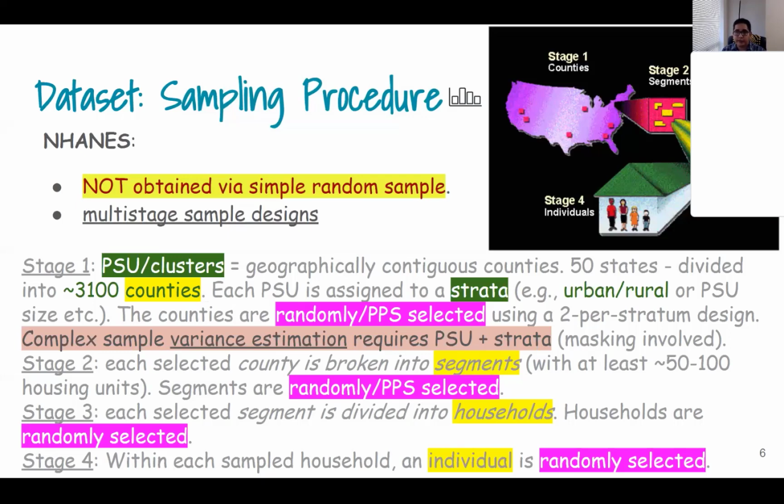As you can imagine, in stage one we are already doing a multi-stage sampling design, a complex sampling design using the idea of clustering and stratification. In stages 2, 3, and 4, we are simply going consecutively down the list to sample at a more granular level.